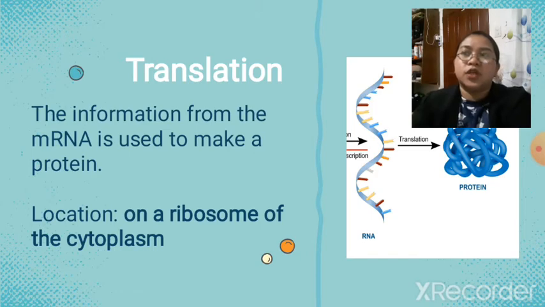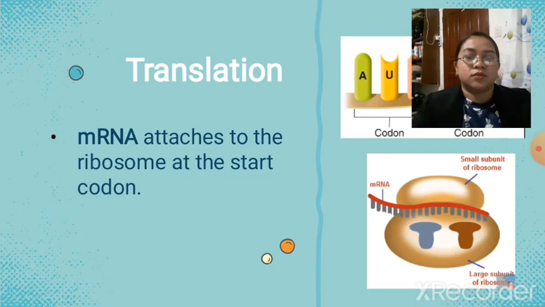During translation, these messages travel from where the DNA is in the cell nucleus to the ribosomes, where they are read to make specific proteins. So here are the steps, or the types of RNA, in translation. The messenger RNA attaches to the ribosome at the start codon.